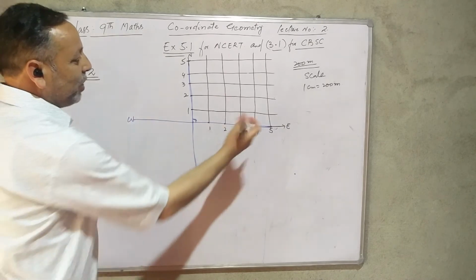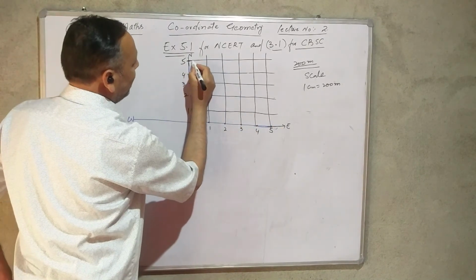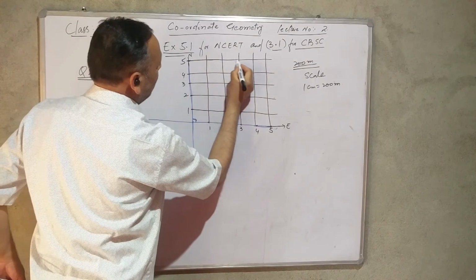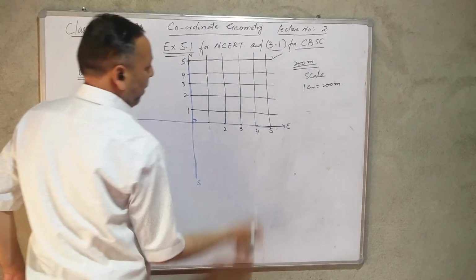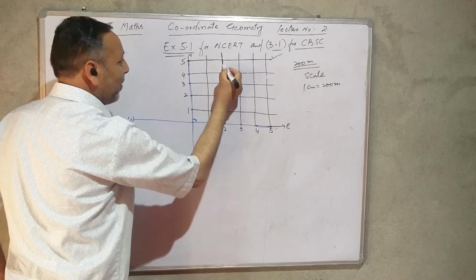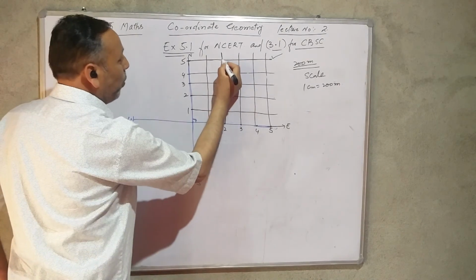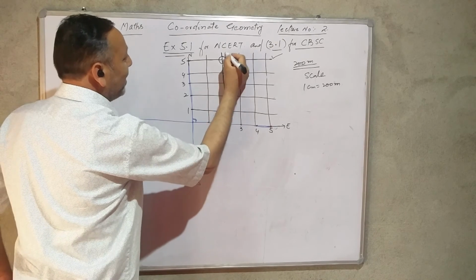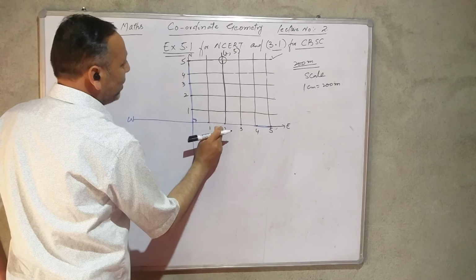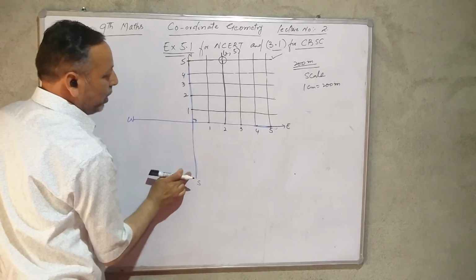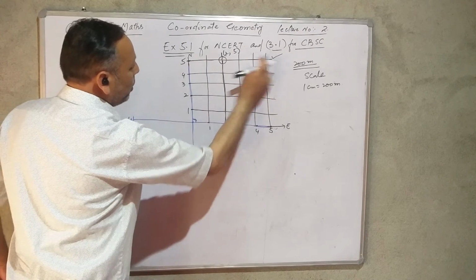If we take the east-west direction, the fifth street is this. And the second street is this. Then locate the point here. This is the second street from north to south direction and fifth street from east to west direction.